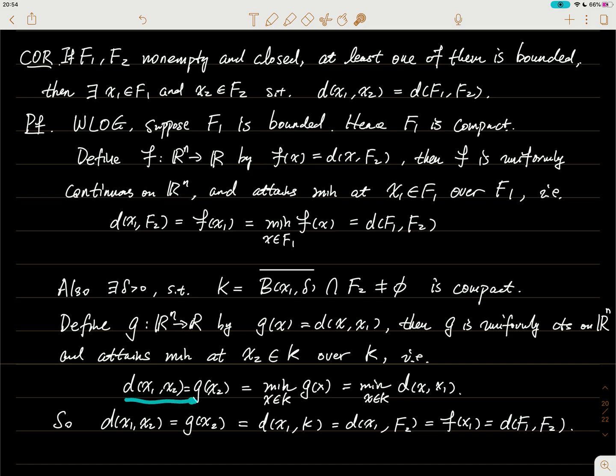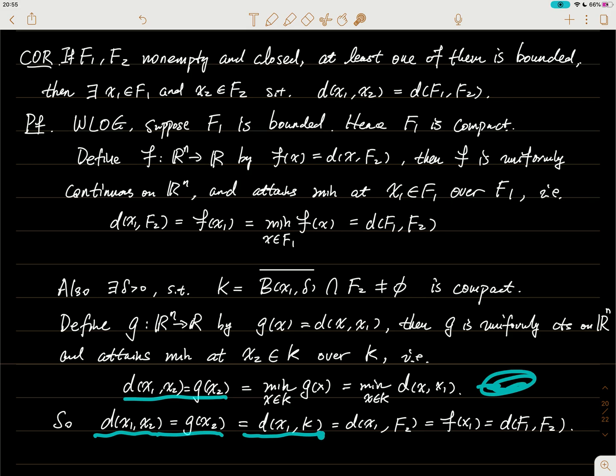So on the one side, it is just equal to d of x1, x2 according to the definition. On the right hand side, this is the d of x1 over all the x on K. So this is just the distance here, and this is just d of K, x1. Okay, so now d(x1, x2) according to what we have here is just g(x2), and on the right hand side is just d(x1, K) as we just showed here, right?